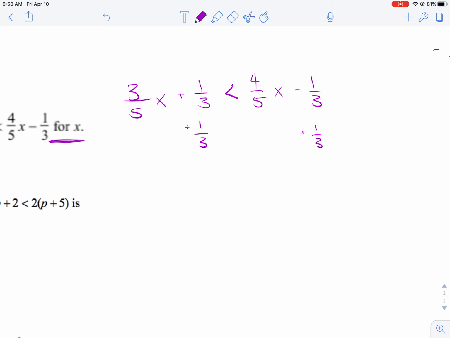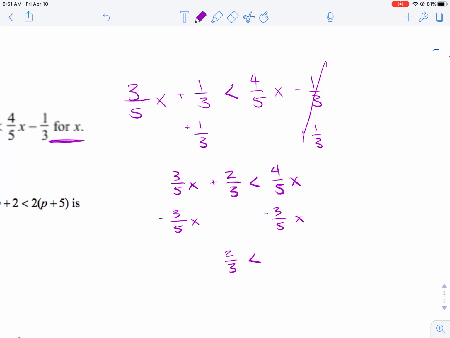So easy enough. I'm going to bring this over, because I try to avoid negatives as much as I can. So when you add 1/3 to both sides, you're going to get 3/5 x plus 2/3, because we've got a common denominator, so we just add the 1 and the 1, is less than 4/5 x.